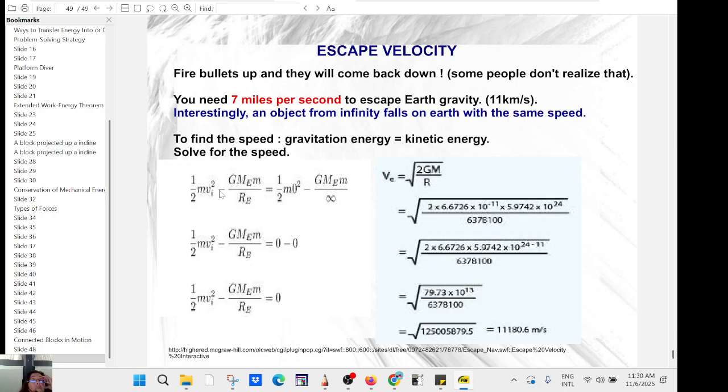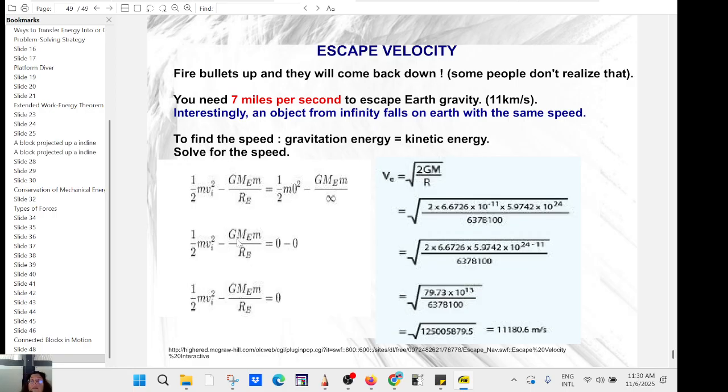So you cannot escape because it's negative. But if you give it some kinetic energy by burning fuel, enough that when it reaches infinity, very, very far away, it stops and has no more gravitational potential energy, then it has escaped the Earth.